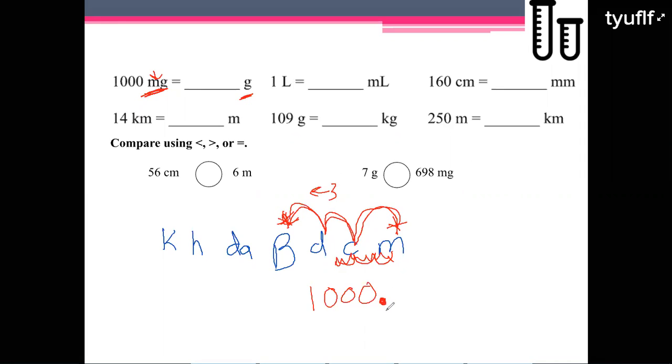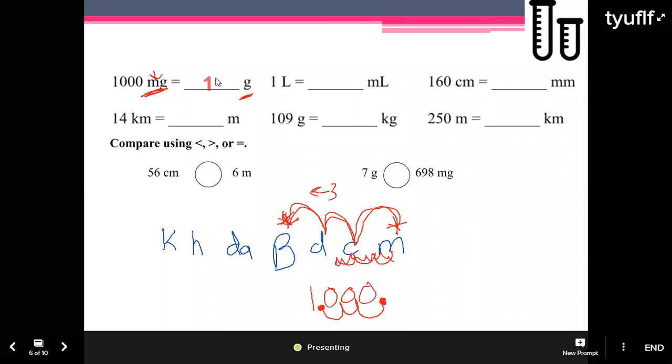So now I know I'm starting here, and I would move it 3 places to the left, just like I moved my jumps. So I'm going to go 1, 2, 3. So I can include all of these zeros, or I can just write my final answer as 1 gram. You can include them or not, but it's the same thing.